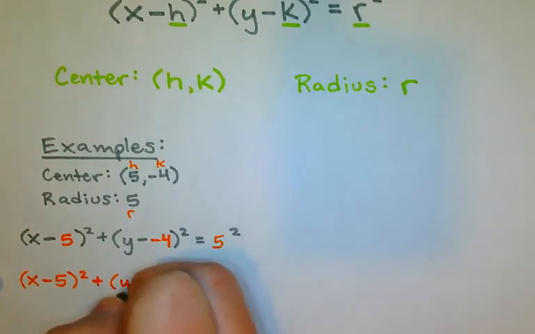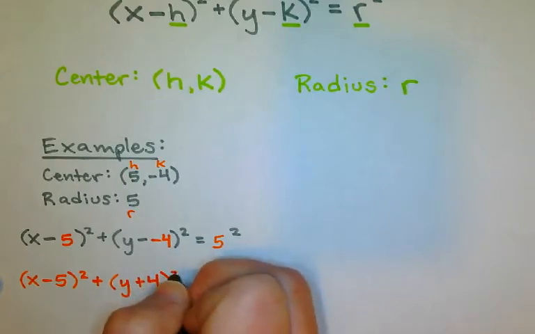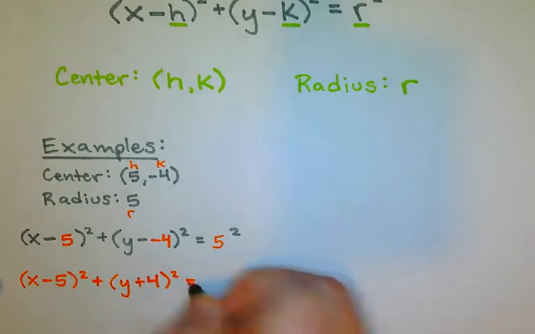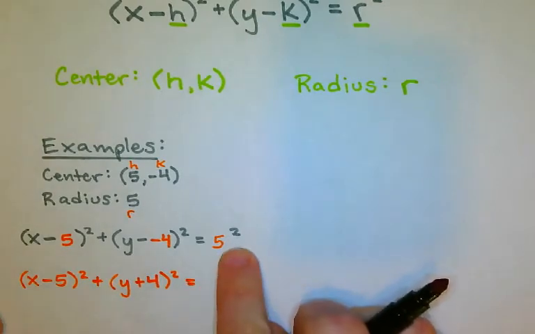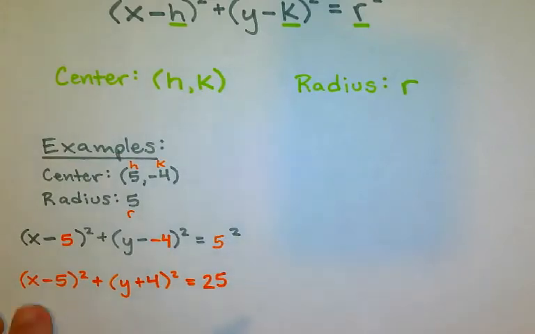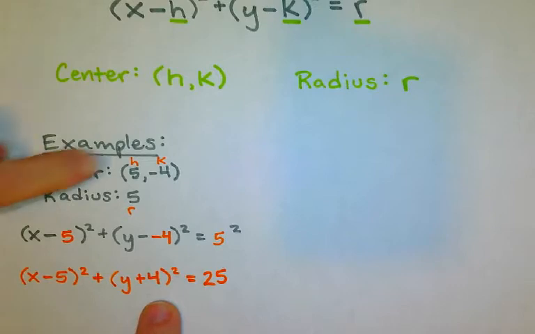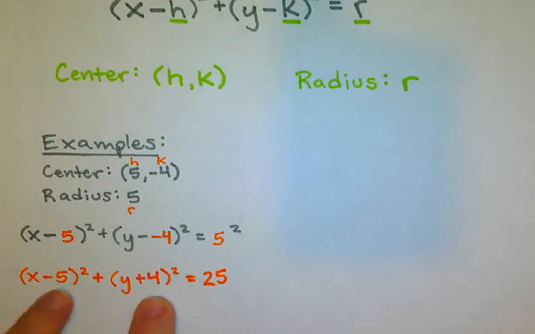So this is going to turn into y plus 4 squared. And then it's equal to, what is 5 squared? 25. So there is the standard form equation of a circle that has a center at 5, -4, and a radius of 5.